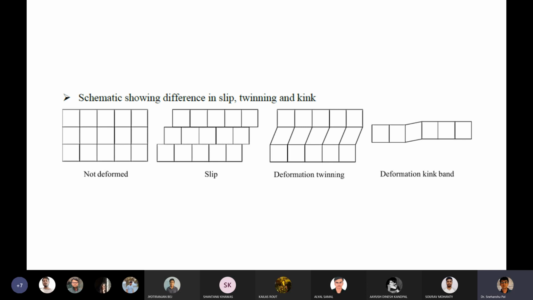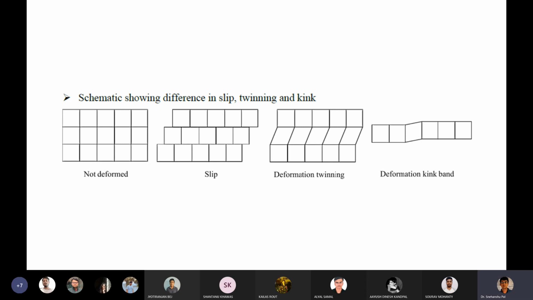It can be found in crystals of any symmetry class, such as quartz, olivine, or kyanite, but we are not going to talk about that. So the second important takeaway point is that it is a common secondary mode of plastic deformation in a single crystal having at least one plane of easy slip.